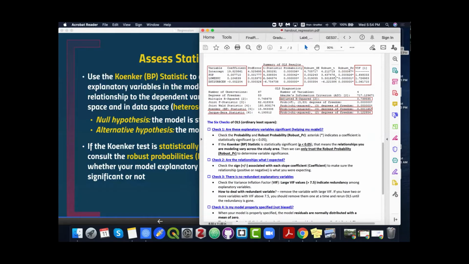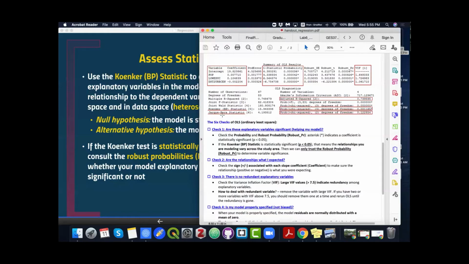The reason why we are looking at the Robust_Pr is that the Koenker statistic is significant. And then, looking at the robust probability, they're all significant. So we can draw the conclusion that all the explanatory variables are significant. So we passed check 1.